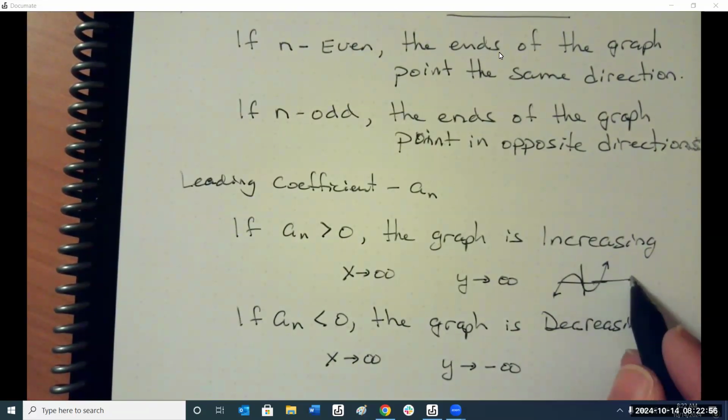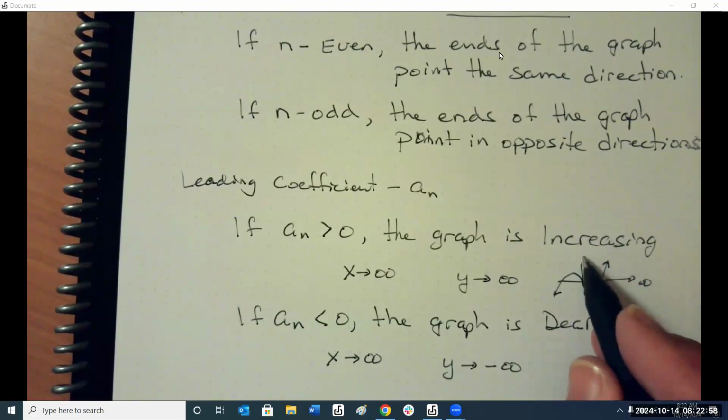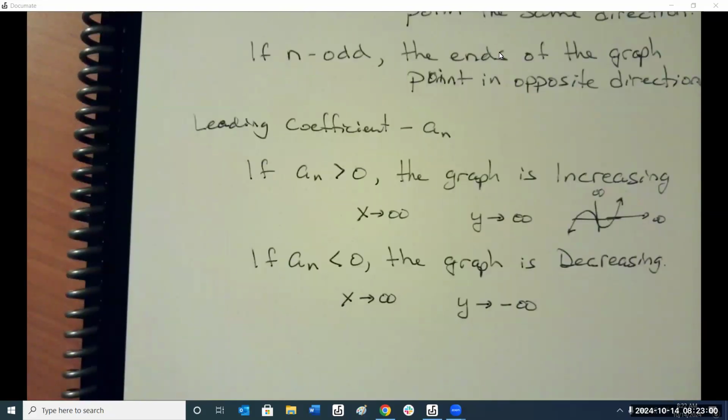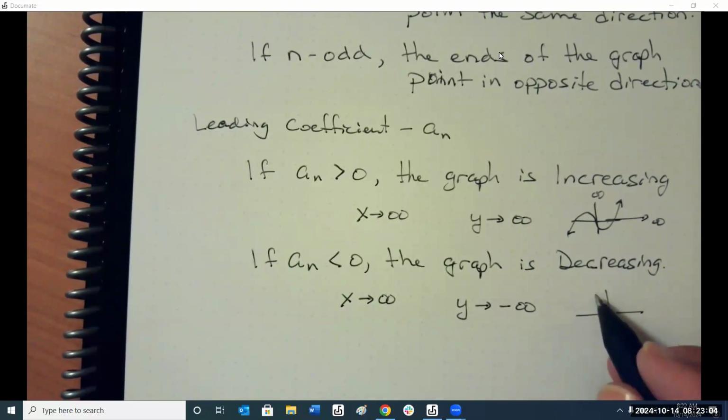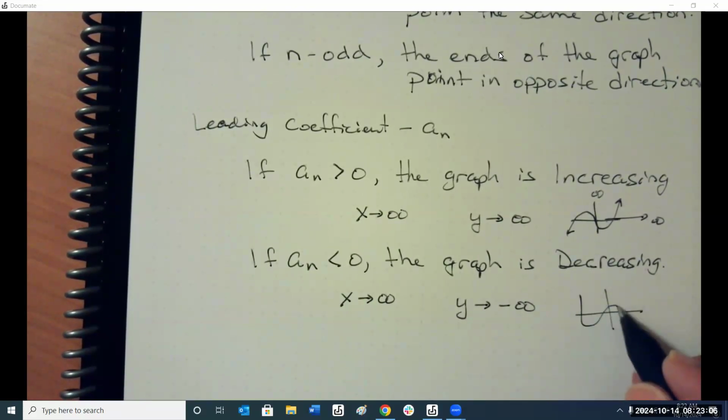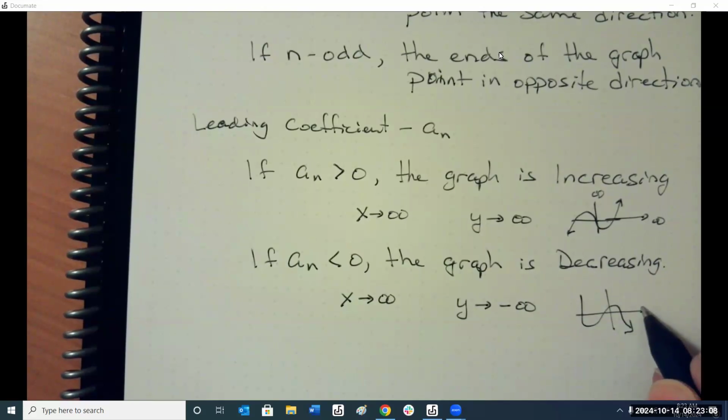So as x goes to infinity, y goes up to infinity.